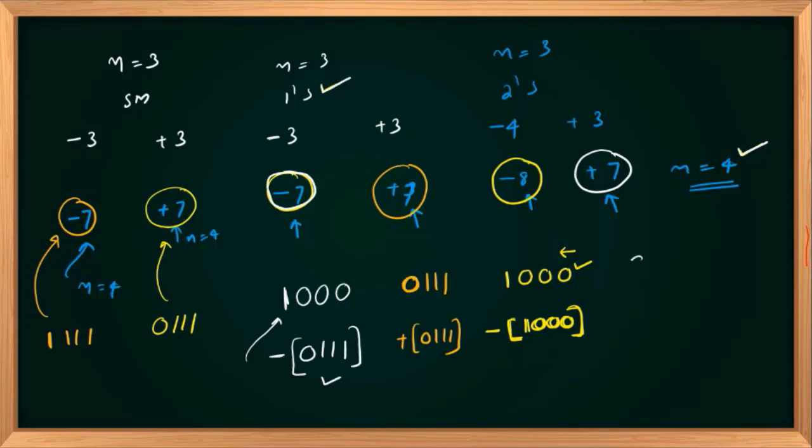So MSB should be 0 because the number is positive. Is it 0001 for plus 7? Is that 0001? If MSB is 0, the number is positive, and you need not do anything. The entire pattern will give you the magnitude. Is it 0111? Positive 7 in 2's complement representation.